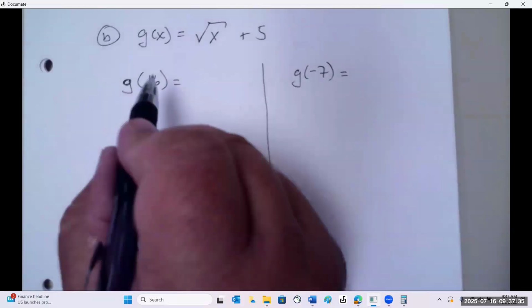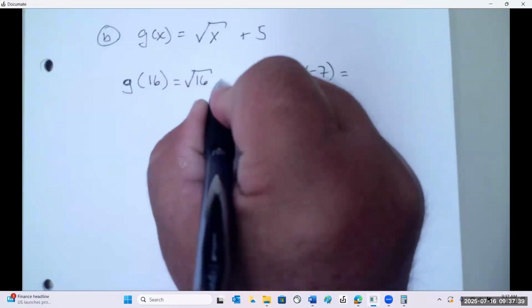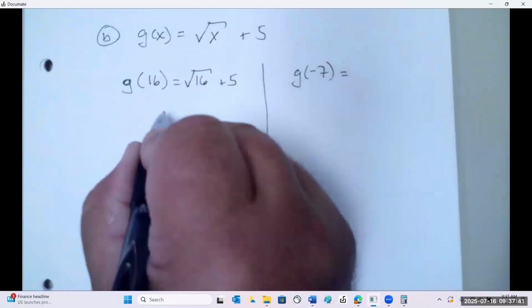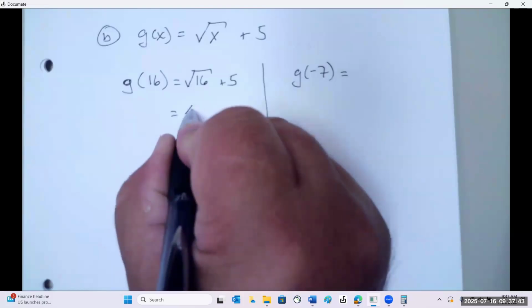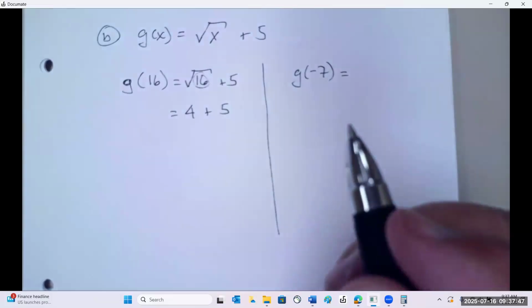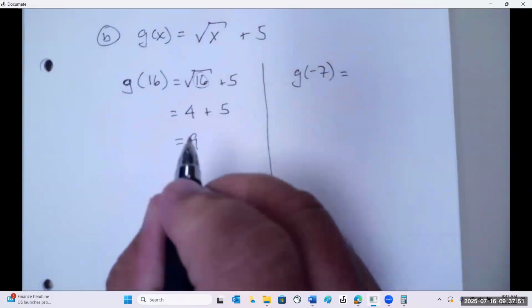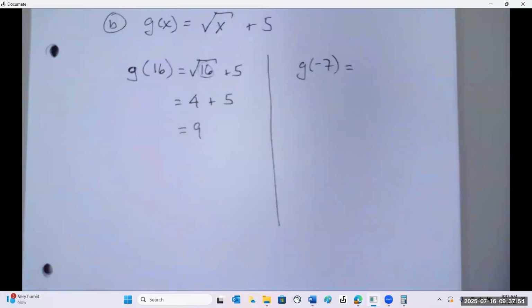All right, let's look at the first one. We plug in the 16 in the first one. So we have square root of 16 plus 5. What is the square root of 16? We look at what times what equals 16. 4 times 4. 4 plus 5 equals 9. So that's G of 16.